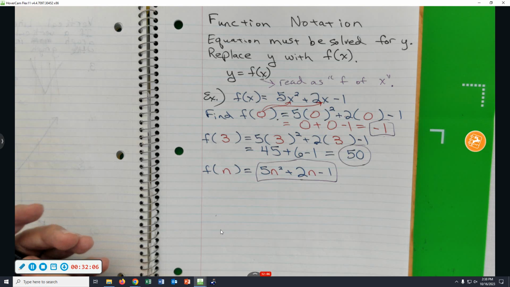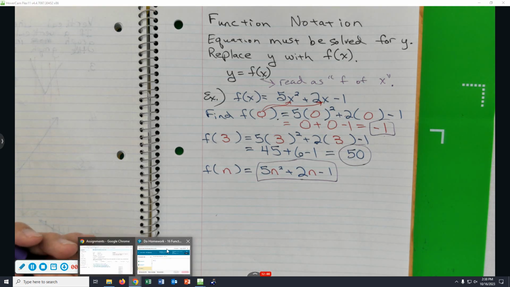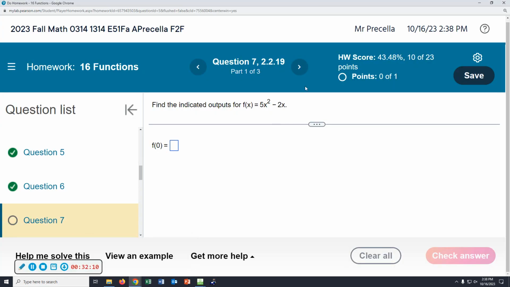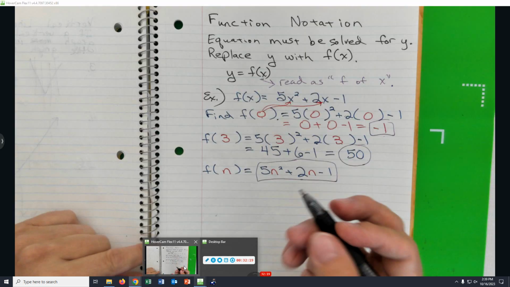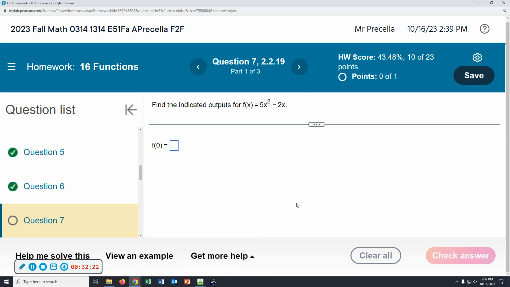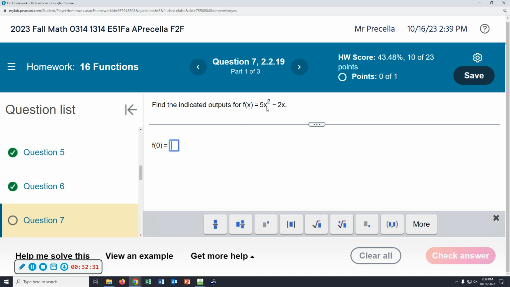Let's look at number 7. Oh no, that's why. Okay, that's where I came up with the 5x squared and the 2x without me even realizing it. So this is number 7. They might be able to tell me the answer to this one. Find f of 0. If you plug the 0 in for x, you're just going to get 0, right? I think there's 3 parts here.